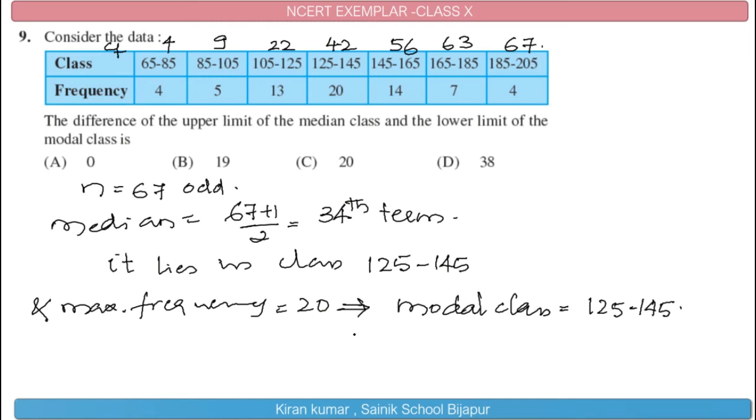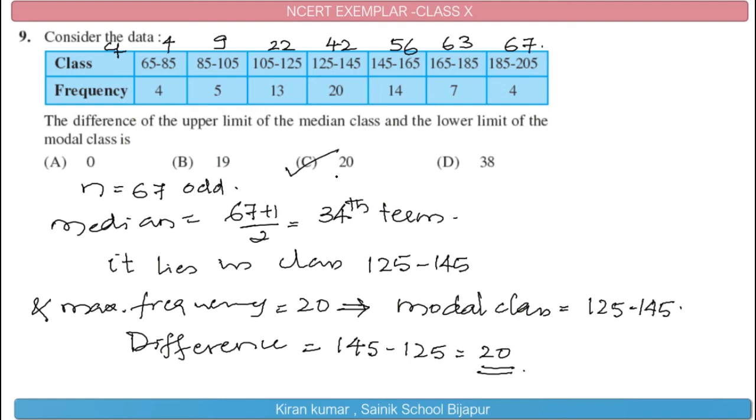Here the modal class and the median class would remain the same. Therefore their difference, the upper limit of median class is 145 and the lower limit of the modal class is 125, and the difference is 20. So it verifies that option C is the right answer.